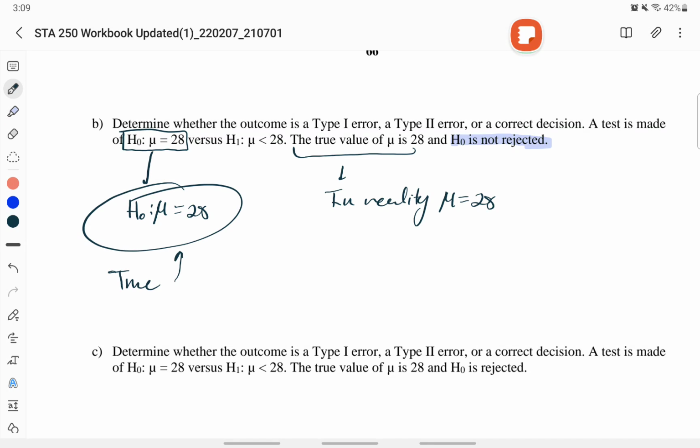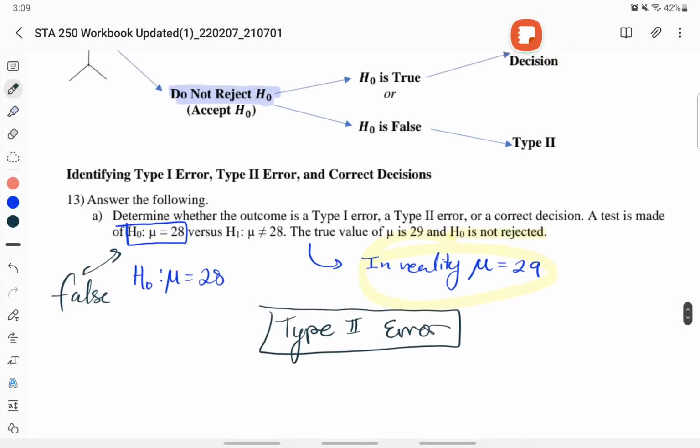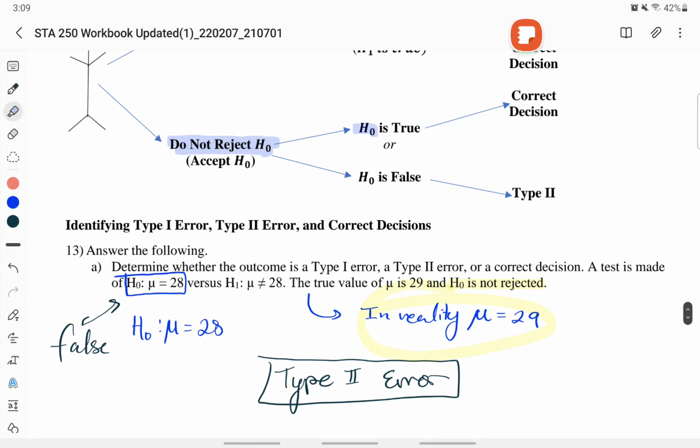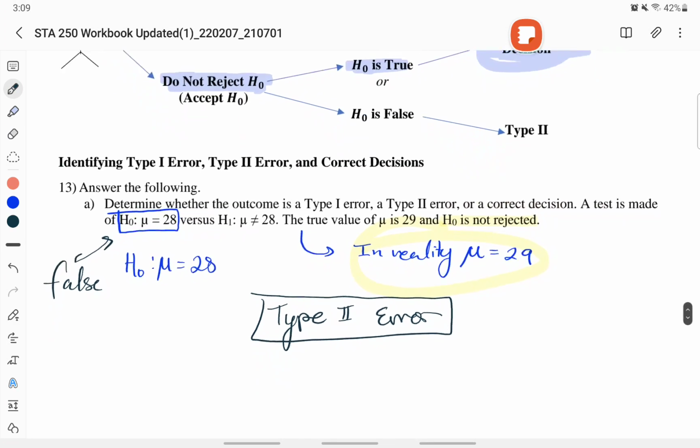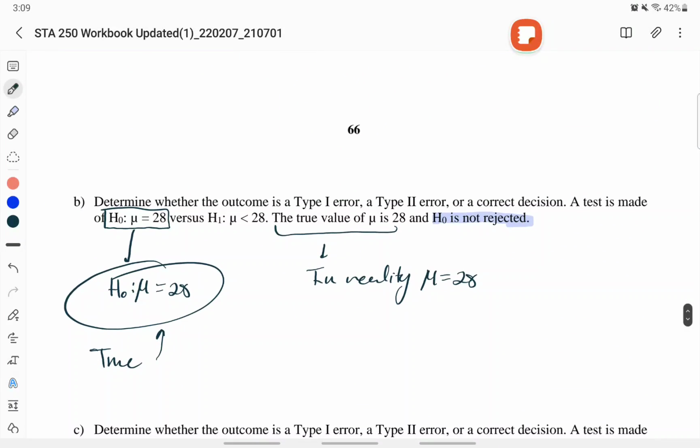That is a true statement. Therefore, we made a correct decision. We did not reject the null, and the null says mu equals 28. We took it, and in reality, mu does equal 28. That is a correct decision.